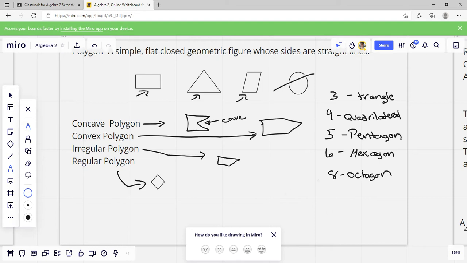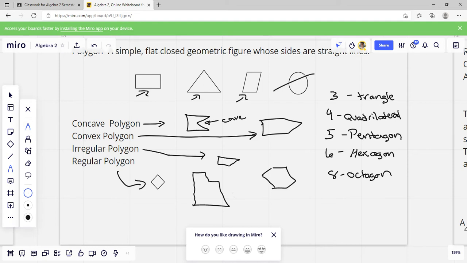That doesn't necessarily mean that they're going to be a regular octagon like you're used to seeing, or a regular hexagon like a stop sign. It could be something that looks like, see, 1, 2, 3, 4, 5, 6.